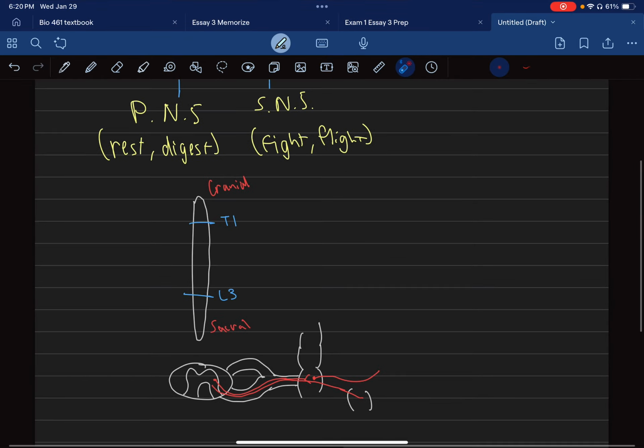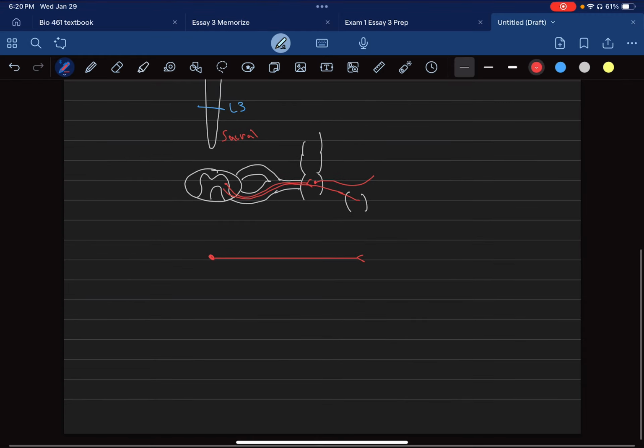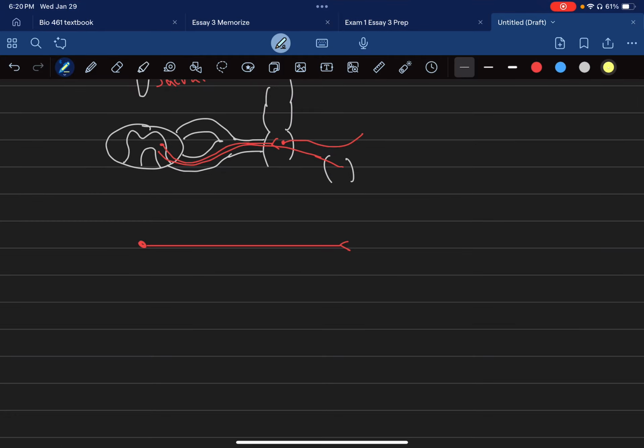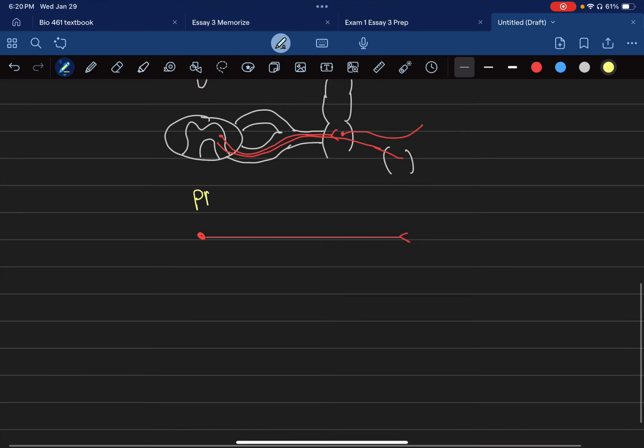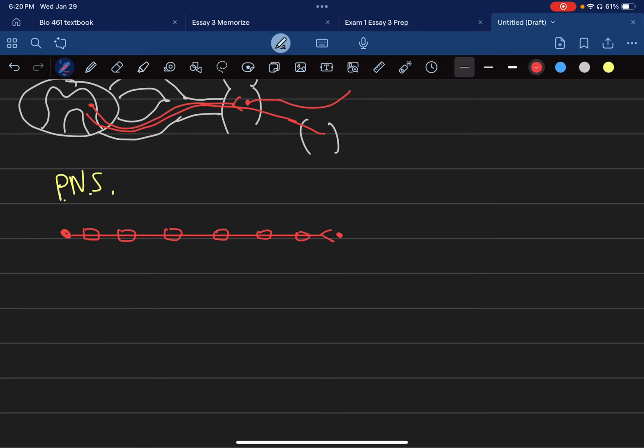Meanwhile, the parasympathetic neuron is going to originate, and it's going to actually have a longer presynaptic neuron. Let me just label this real quick. So the PNS is going to have a longer pre, which should be myelinated, and then it's actually going to synapse on or near the organ that it's going to.